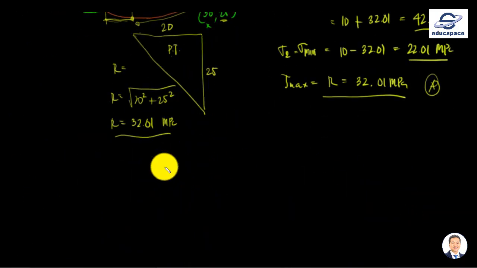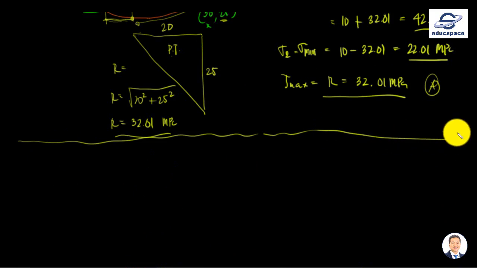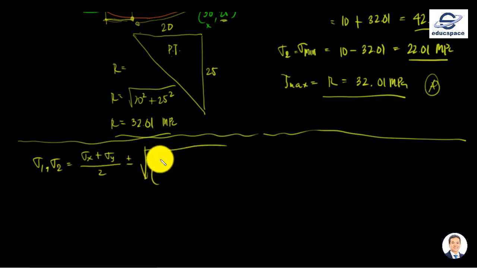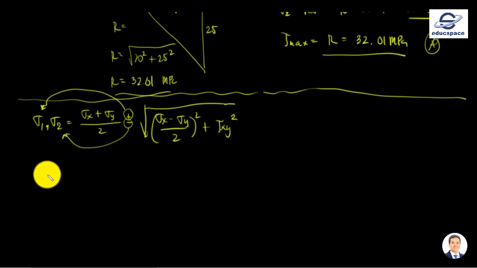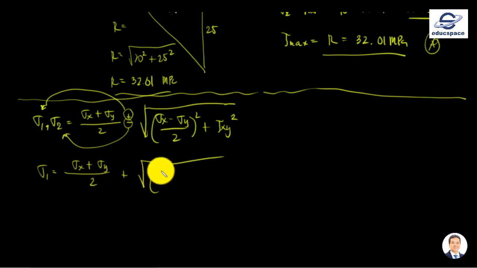Now, pwede natin gamitin ulit to double check yung ating derived equations. That is, yung ating principal stress, maximum and minimum is equivalent to the average stress ng stress element over 2 plus and minus the square root of same value over 2 squared plus the shear stress squared. So, positive will result to the maximum, and the negative naman is para dun sa minimum principal stress. So, pagka kinuha natin yung ating maximum, we'll just use yung positive, over 2 plus this one, and then over 2 squared plus xy squared equal sign.